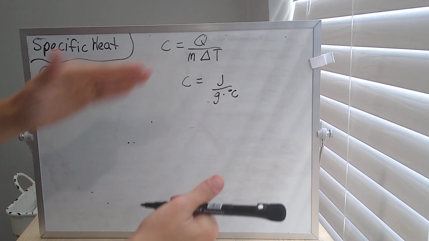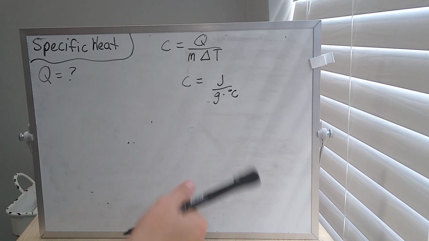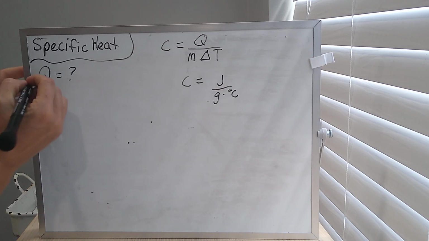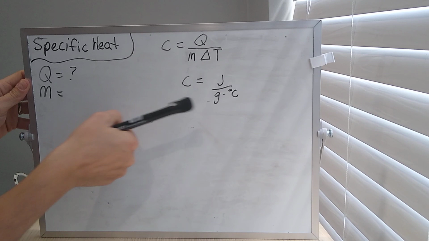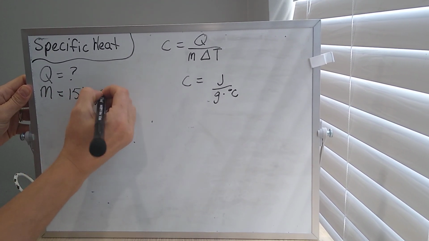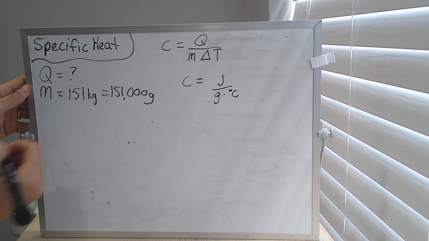So we know that our heat needs to be in joules, our mass needs to be in grams, and our temperature needs to be in Celsius. So we are given 151 kilograms of water. That's going to be our mass, but remember, we need it in grams. So 151 kilograms will convert to 151,000 grams, okay?